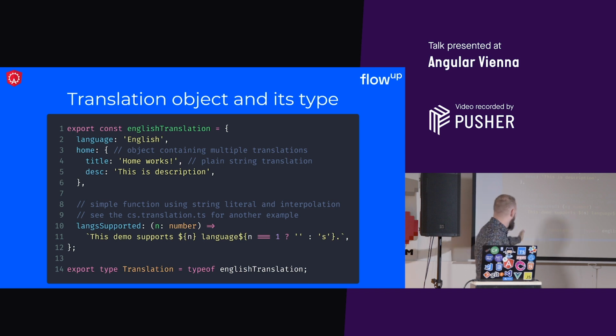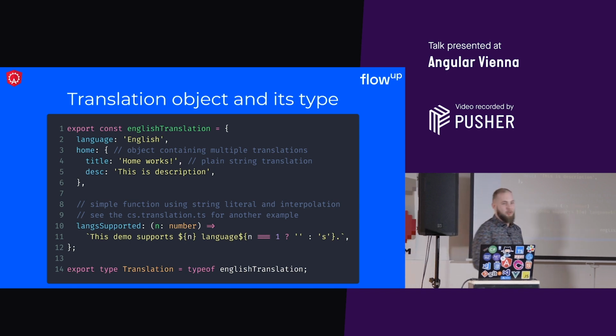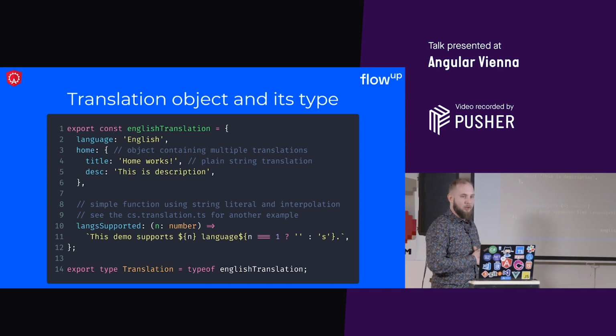So there is an export type translation equals type of English translation. English translation is the name of the object that holds the English translation, and we will basically infer a type of that object to that type.